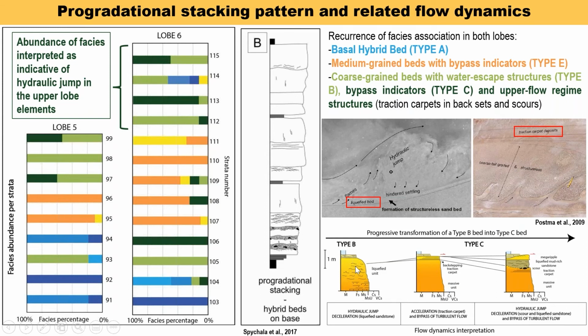That is represented by the liquefied unit of the beds, which sometimes is also highlighted by the presence of an erosive scour that laterally evolves into backsetting traction carpet, representing the reacceleration of the flow. And this facies structure fits well with the other evidence found in the field, and with the results of tank experiments.